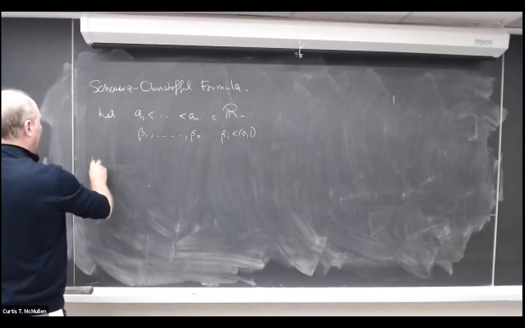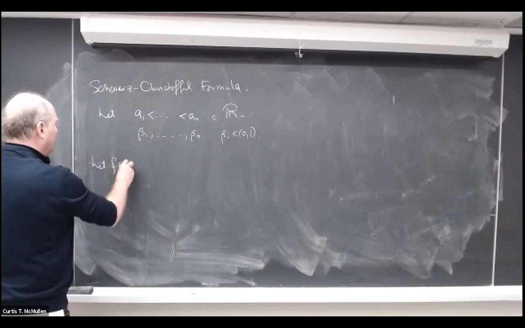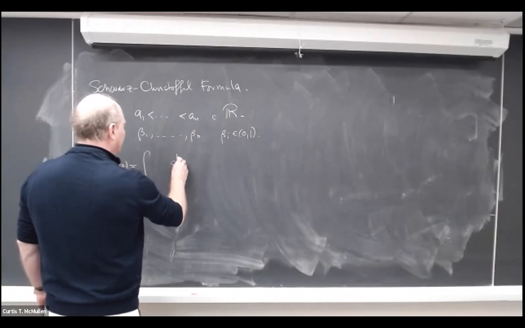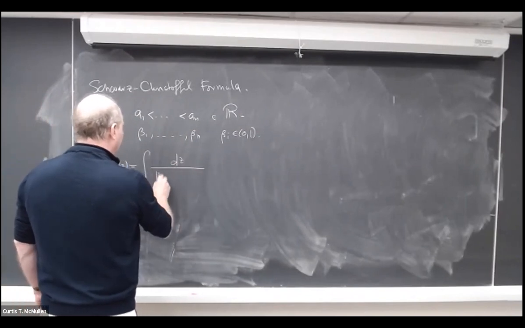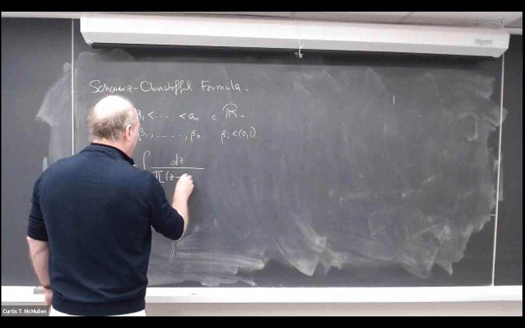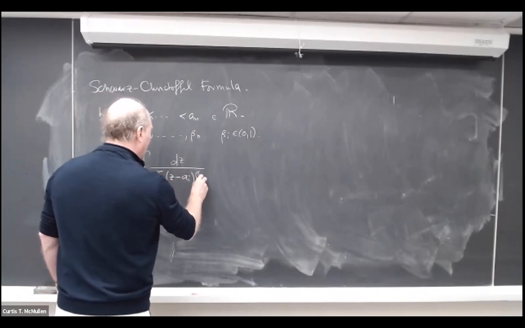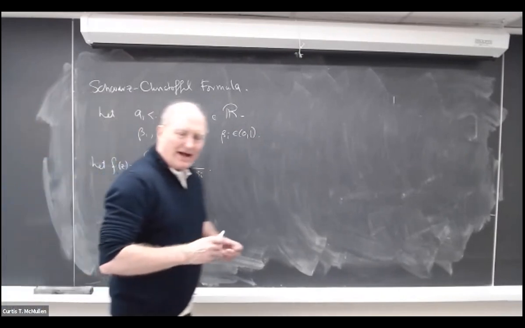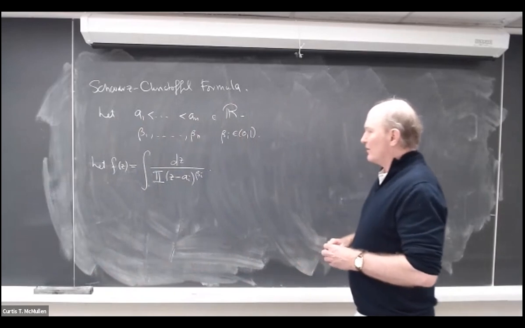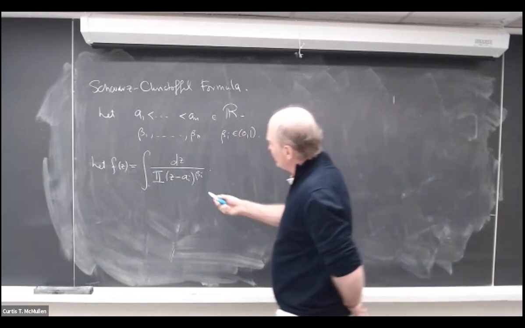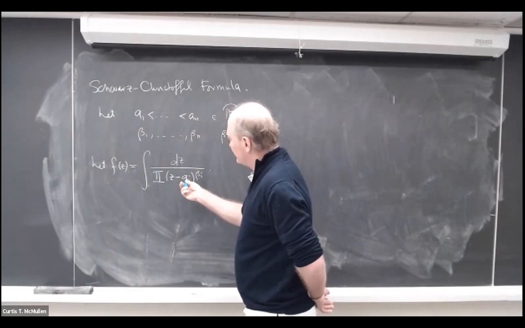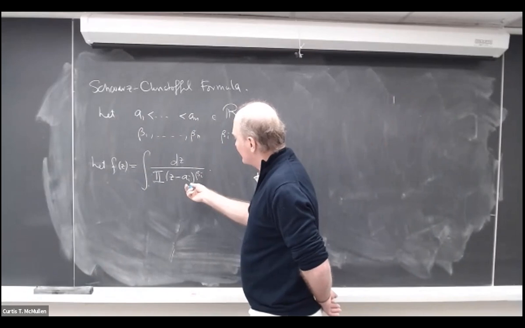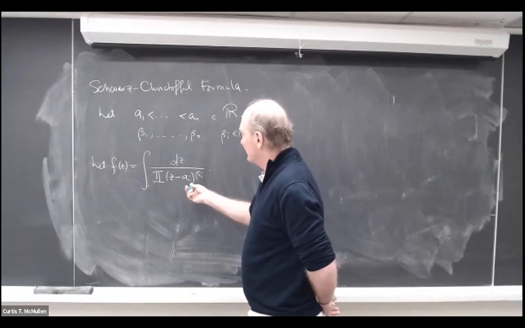And then I let f of z be the integral of dz over the product of (z minus a_i) to the beta_i. Now you might worry about what this integral means, but notice that the zeros of the denominator, that is the apparent poles and the branching behavior of this function, all occur on the real axis.